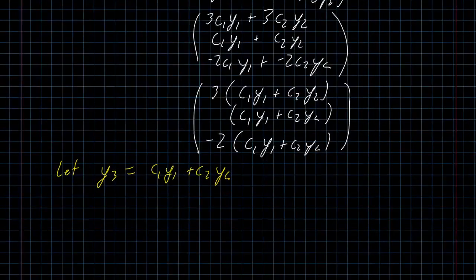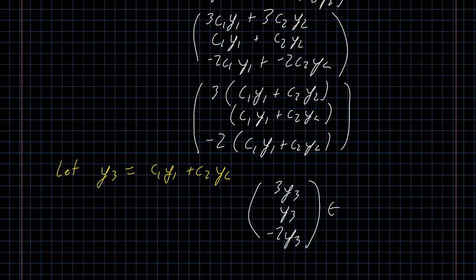And that way I can rewrite my linear combination as 3y3, y3, negative 2y3. And at that point, it should be very obvious that this is an element in my vector space V, which is exactly what I wanted to prove. All right, so this particular set is a vector subspace.